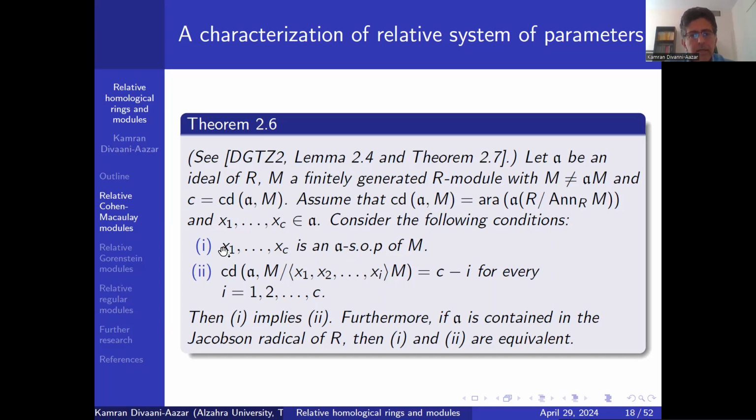The first one: X1 up to Xc is an A relative system of parameters of M. And the second: the cohomological dimension of A and M over X1 up to Xi multiplied by M is C minus I for any I from 1 up to C. Then always 1 implies 2. If furthermore A is contained in the Jacobson radical of R, then 2 also implies 1. So if A is contained in the Jacobson radical of R, these two conditions are equivalent.